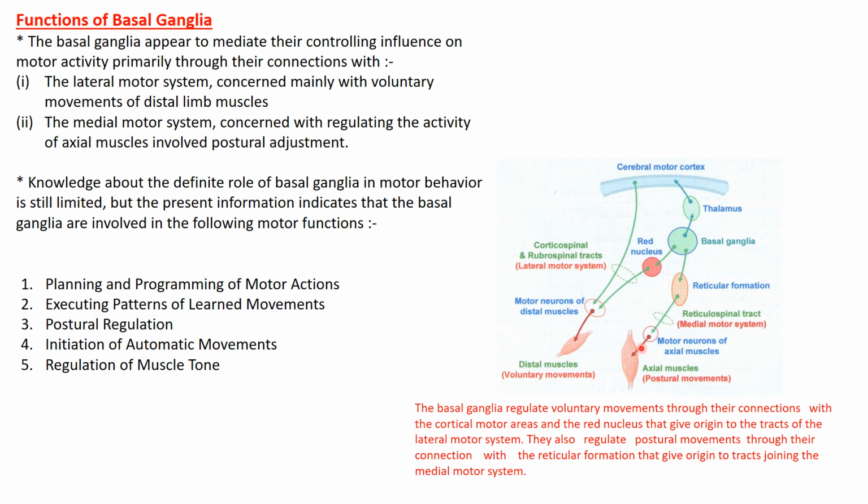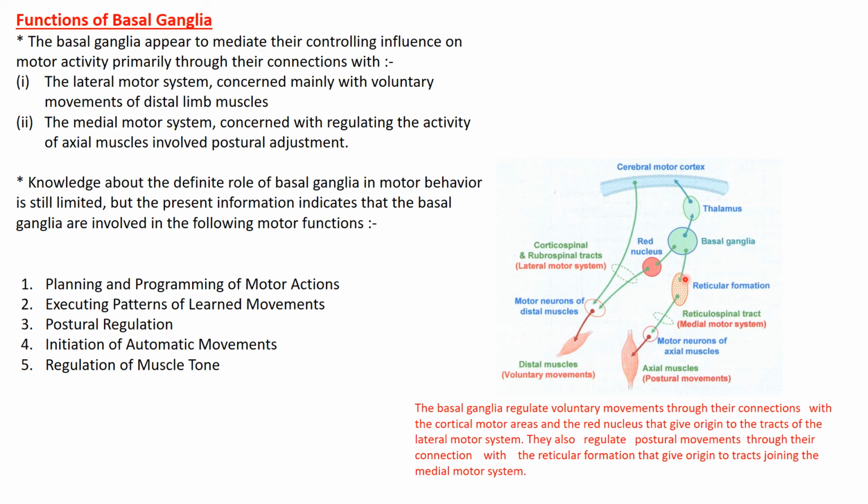Functions of the basal ganglia. The basal ganglia exert their function through the connection with the medial motor system and the lateral motor system. It has a connection with the corticospinal pathway and the rubrospinal pathway, and these two pathways are concerned as the lateral motor system that controls the activity of the distal muscles that produce the skilled movement.